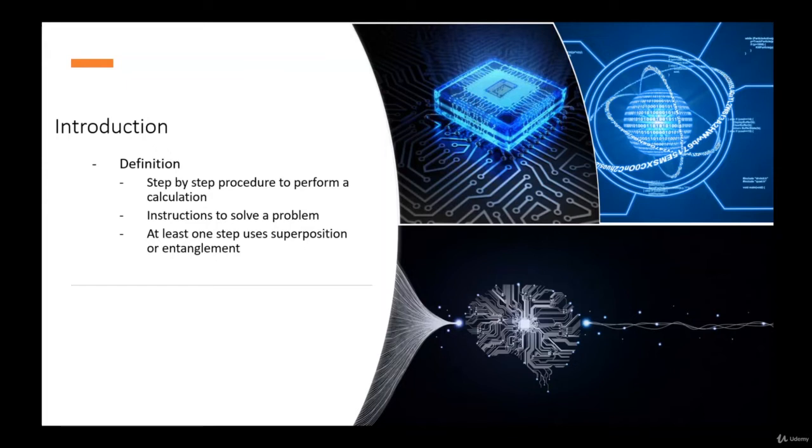Now to understand what exactly is the difference between a normal algorithm and a quantum algorithm: it's pretty much the same thing. The only difference is that the problem is solved with the use of a quantum computer. A normal algorithm works on a normal computer, and a quantum algorithm works on a quantum computer and cannot be run on a normal computer.